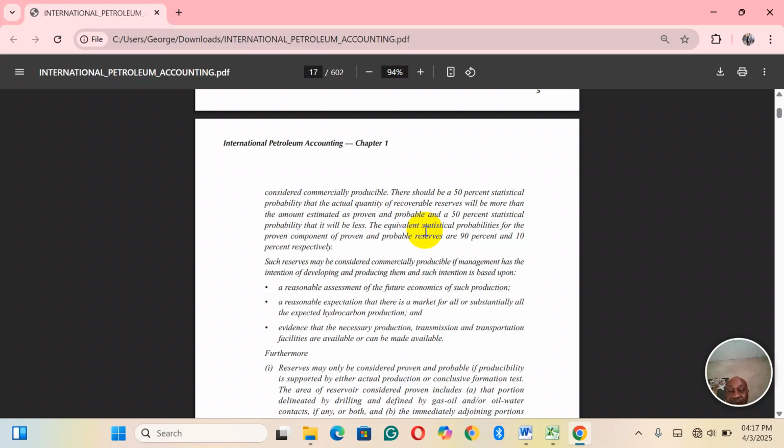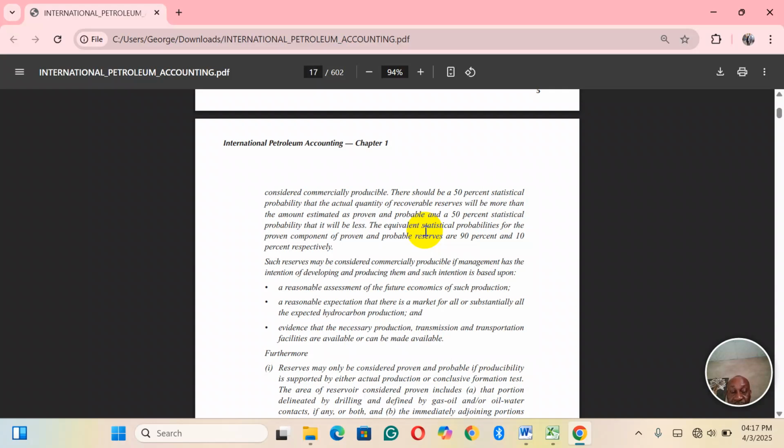There should be a 50% statistical probability that the actual quantity of recoverable reserves will be more than the amount estimated as proven and probable, and a 50% statistical probability that it will be less. The equivalent statistical probabilities for the proven component of proven and probable reserves are 90% and 10% respectively.